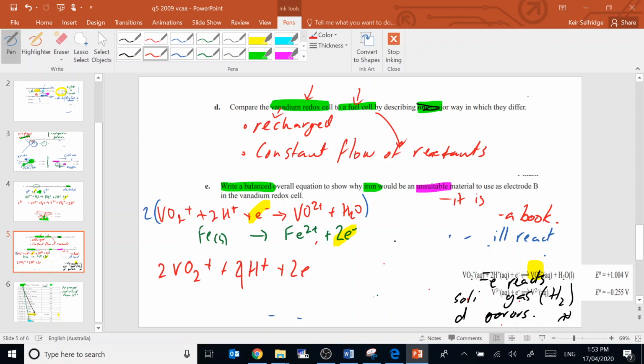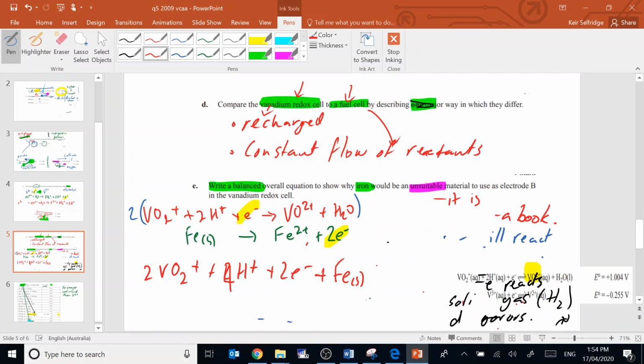Oh, that's a 4. Sorry, did everyone see that? That's a 4. Plus Fe solid. And then we get an arrow, and the arrow goes to 2VO2 plus. Sorry, I just need a bit of space here.